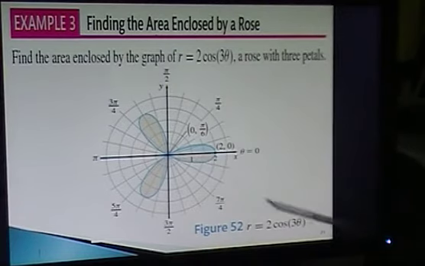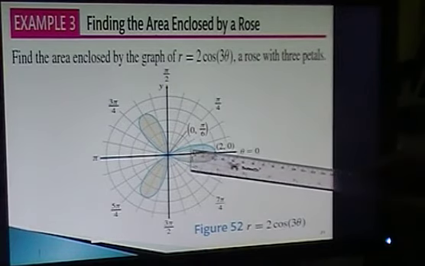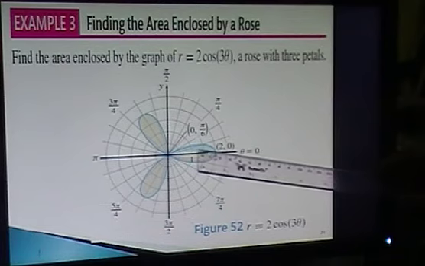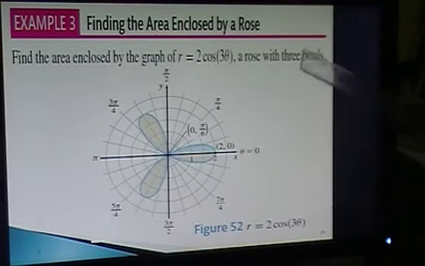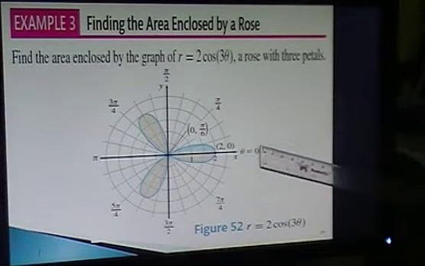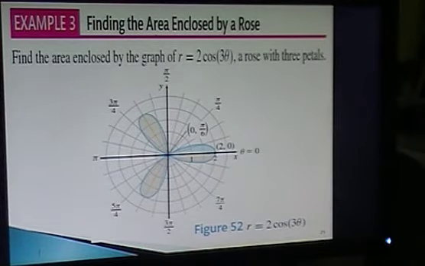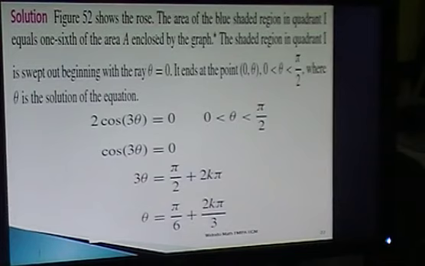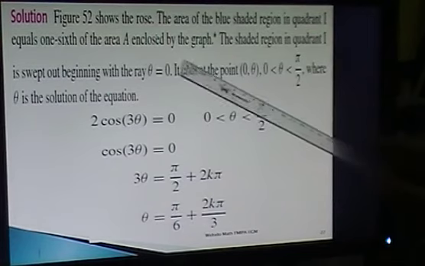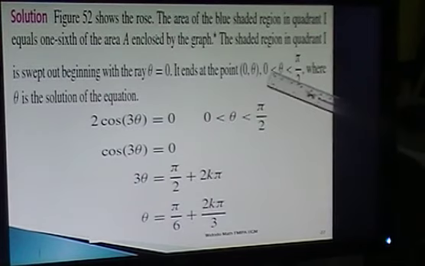So if we can calculate the blue one, then the whole area can be calculated by multiplying 1, 2, 3, 4, 5, 6 times. We will see here from theta is equal to 0 until theta is equal to phi divided by 2.